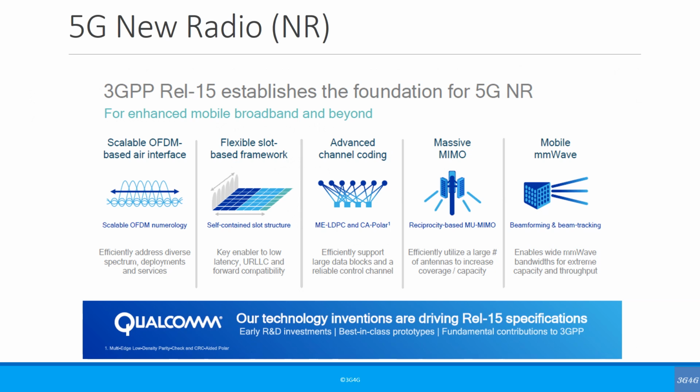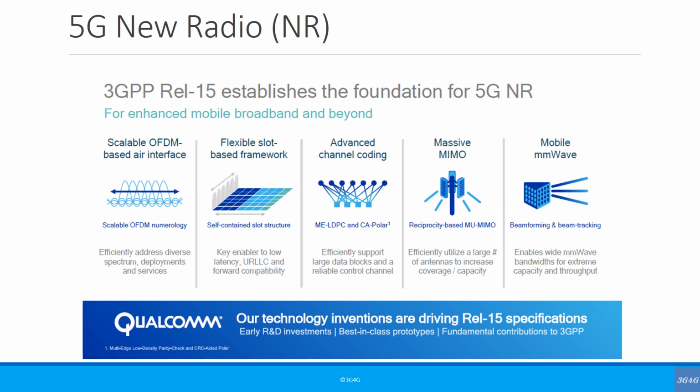This is another nice overview slide from Qualcomm, which basically shows what's exactly changed in the 5G new radio. So you have the scalable OFDM based air interface. I looked at this in another presentation on 5G numerology. Then you have the flexible slot based framework.